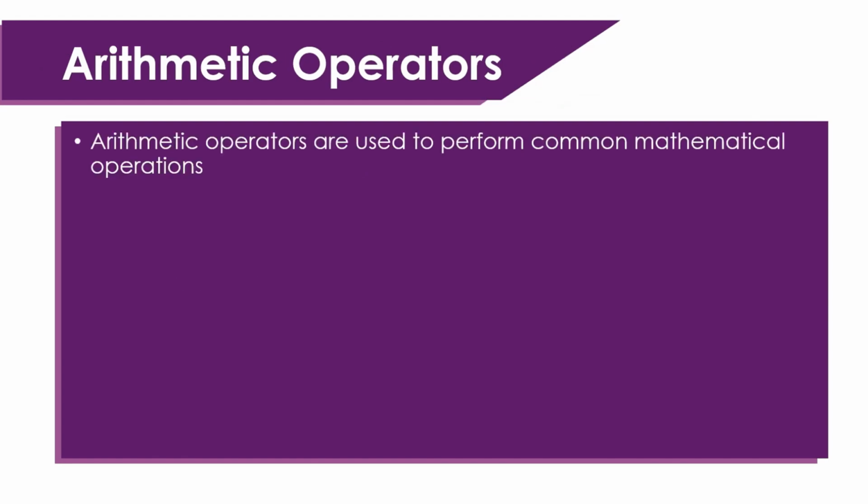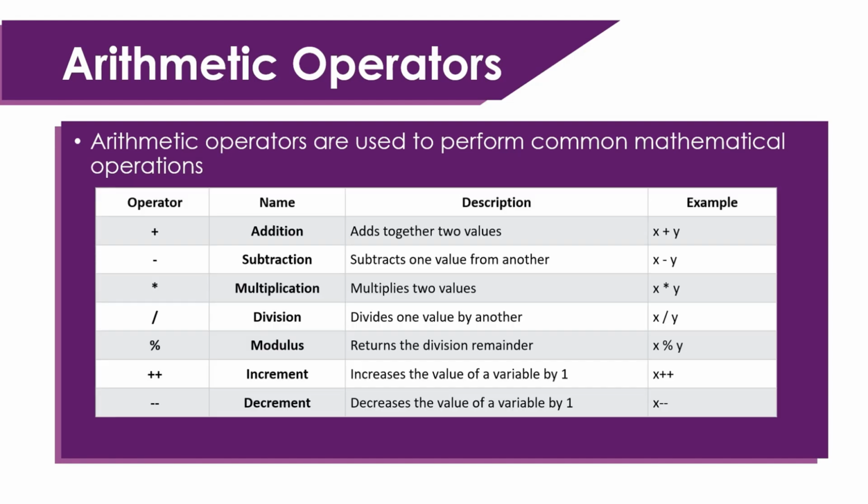Arithmetic operators are used to perform common mathematical operations. Basically, pag sinabi nating arithmetic operators, these are the operators na ginagamit natin for mathematical computation. We have the 4 basic operators: addition, subtraction, multiplication, and division.